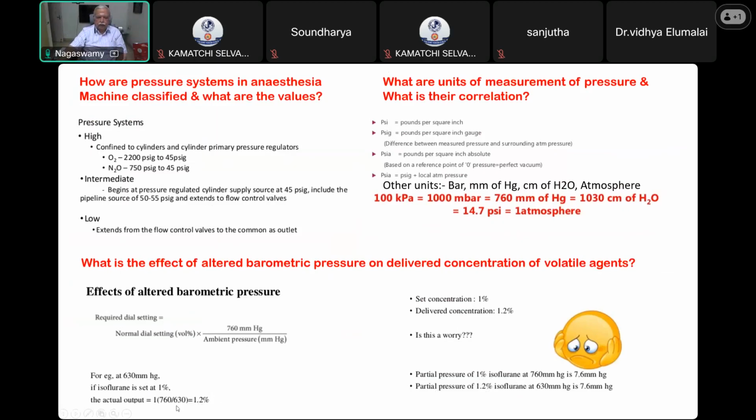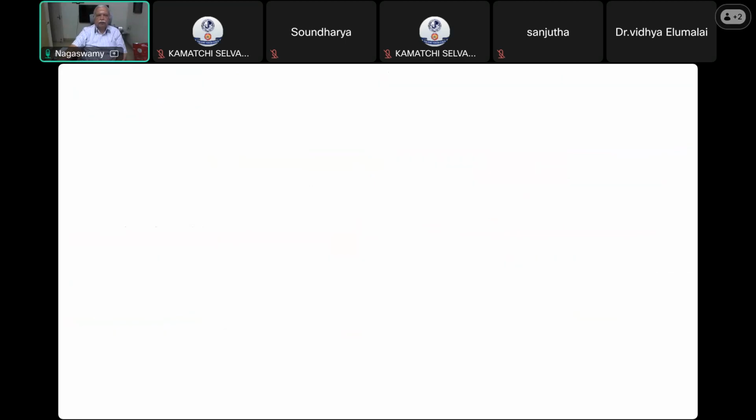So even when the concentration delivered is slightly higher because of the low ambient pressure, the partial pressure will be the same. So vaporizers need not be recalibrated at higher altitude. That is the answer that is expected of you, based on the pressures.